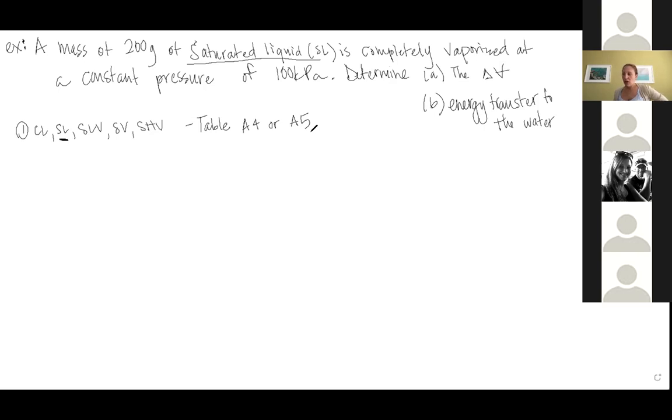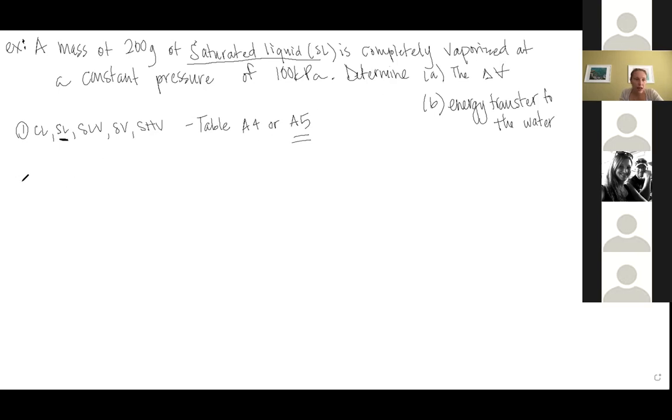So here we're given information about pressure. We know that we have a constant pressure for the saturated liquid. So we're going to be working with table A5, which has pressure as our first column. All right, so we're going to be working with table A5.